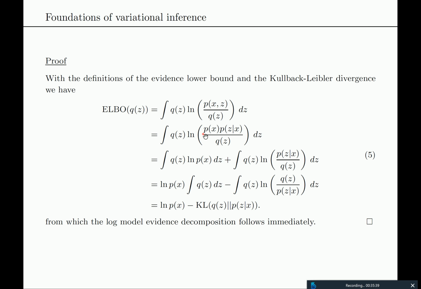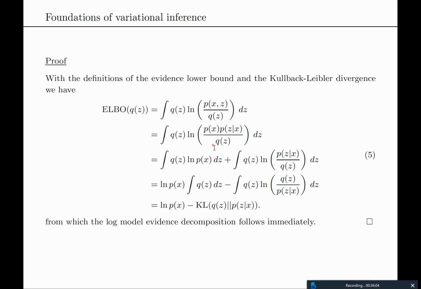Then we have here the log, and if you learn about variational inference, what you have to get used to a lot is that the products inside a log function can be written as sums of the logs of the respective arguments, and that Riemann integrals are linear.